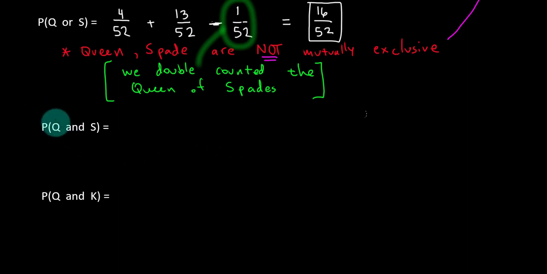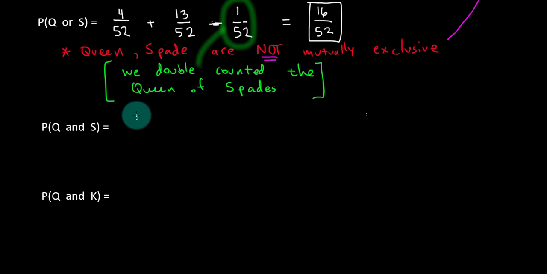Let's look at the probability of selecting a queen and a spade. Now think about the word and versus the word or. Basically, this is saying that one card needs to have both of these qualities. That is referring to the Queen of Spades, isn't it?